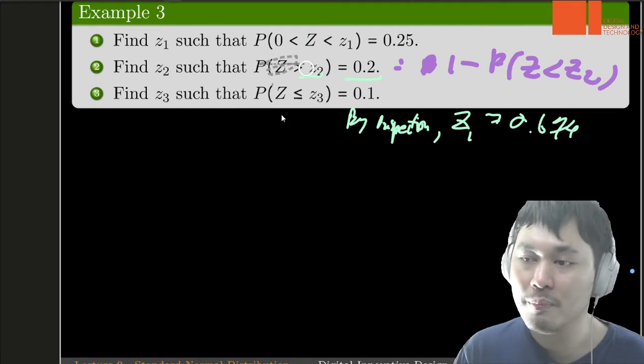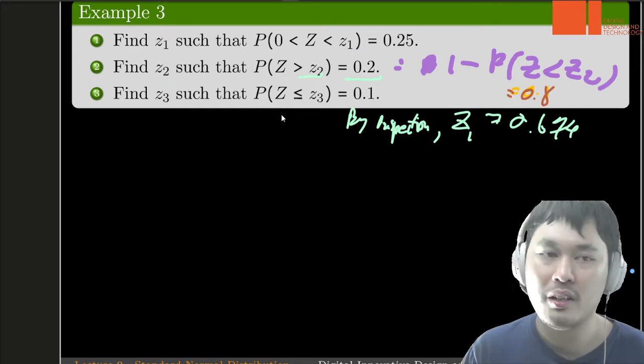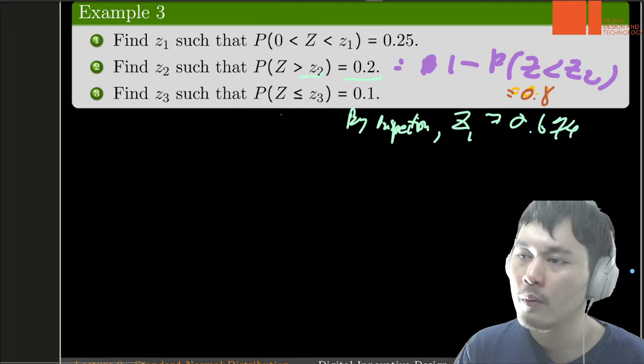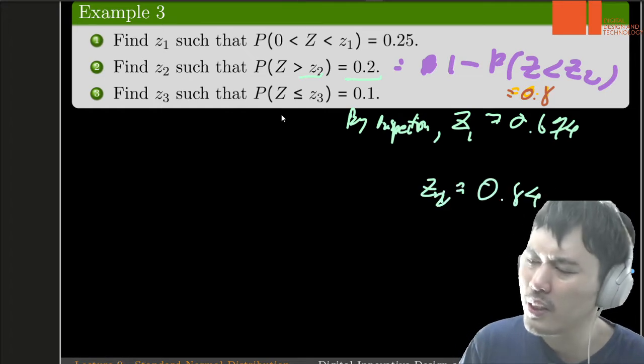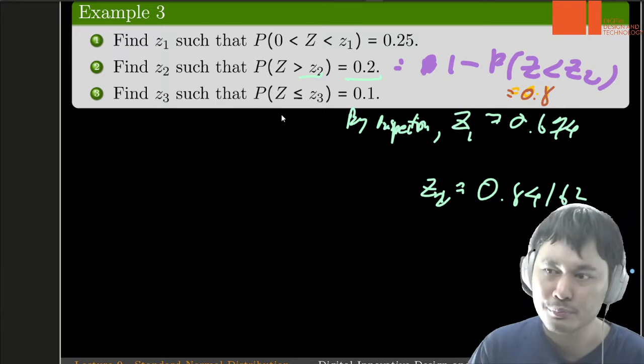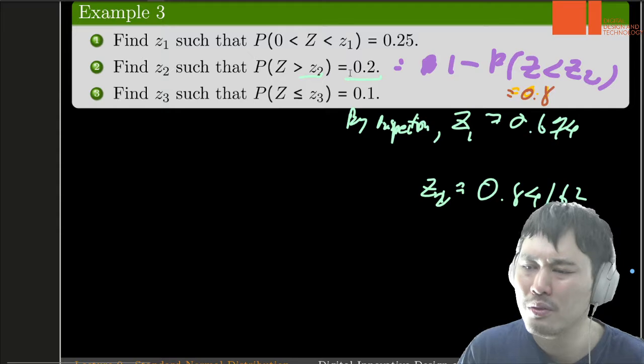If this is 0.2, then that is 0.8. That's why we got the same value as before. So the second one is about 0.8162.